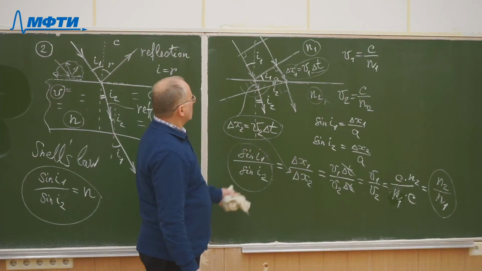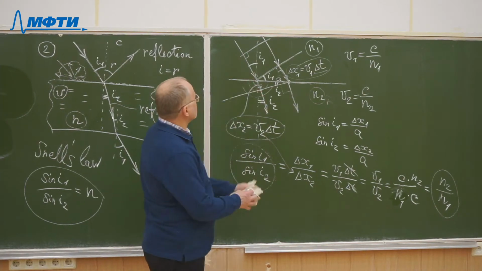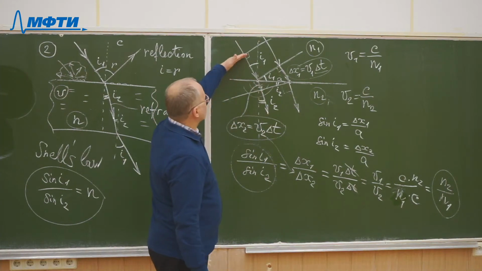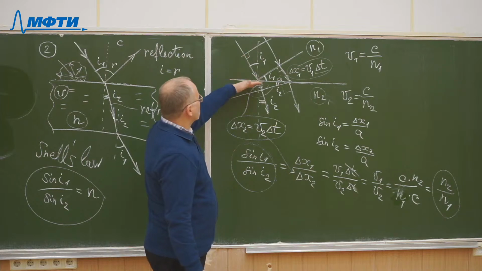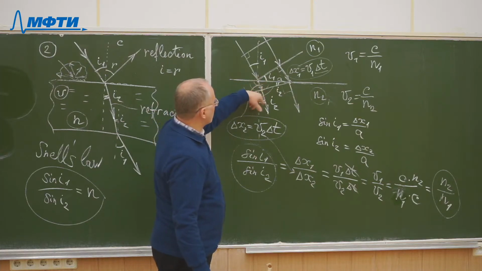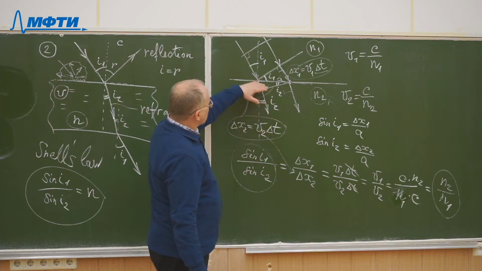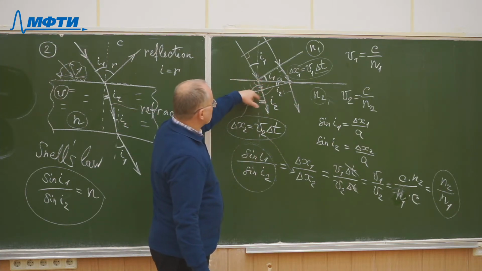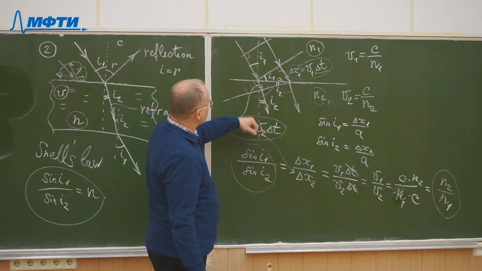So this is the most general form of Snell's law, which we have derived based on the wave properties of light. We assumed that there is a wavefront, and we made use of the Huygens-Fresnel principle, which says that every point of the wavefront is the source of secondary waves. These are spherical waves, and they propagate in the second medium.